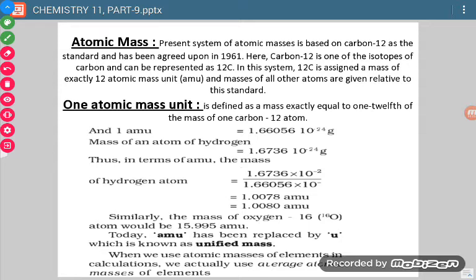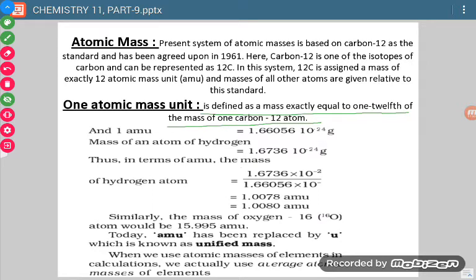Now what do these two terms stand for? AMU stands for atomic mass unit. If we don't want to write AMU, then we write just U. U stands for unified mass. One atomic mass unit is defined as mass exactly equal to 1/12 the mass of an atom of carbon 12 isotope.